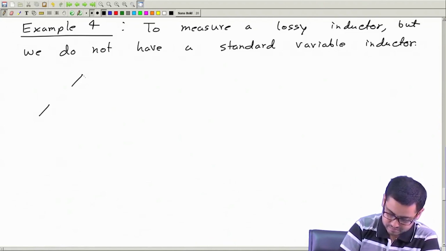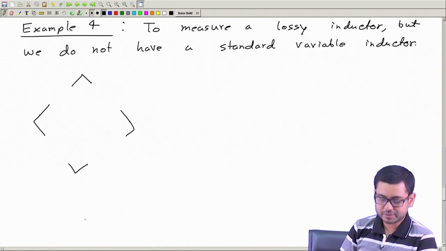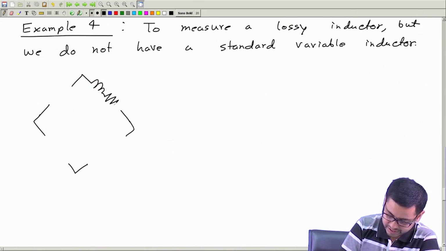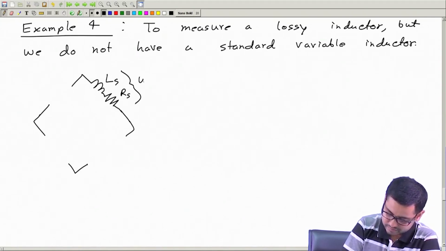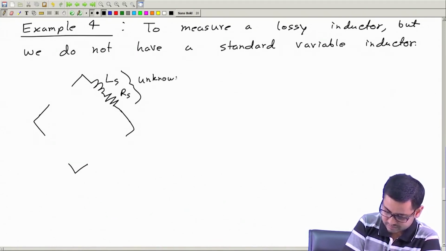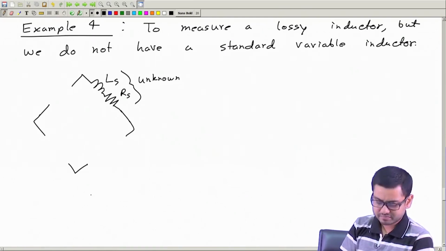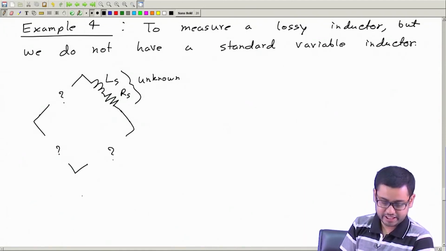So this is the bridge with 4 arms, and let me put once again the unknown one first, anywhere you like. So this is unknown. Put it anywhere you like among the 4 branches, and now the task is to find what the other arms should be.